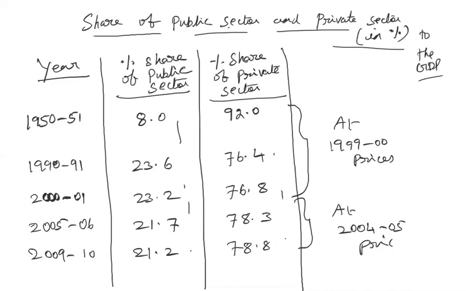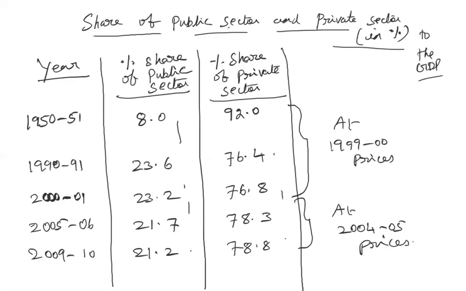The Central Statistical Organization recently changed the base year prices to 2004-2005. Anyway, this is only to understand the concept. Either we calculate at 1999-2000 prices or at 2004-2005 prices, the concept is the same. The share of public sector is decreasing and the share of private sector is increasing.